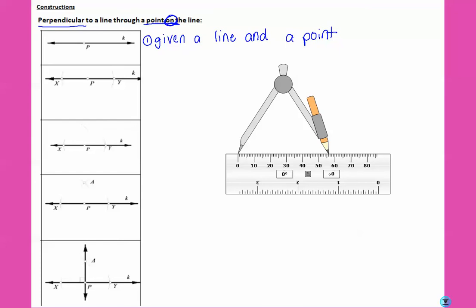Then we're going to draw 2 arcs from the point on the line to create a segment.